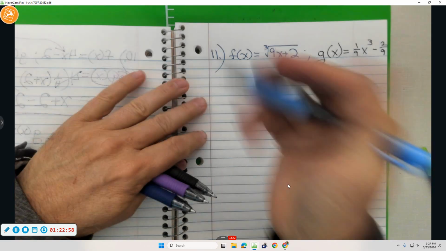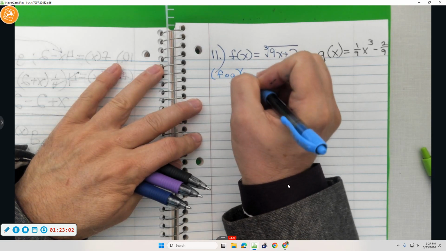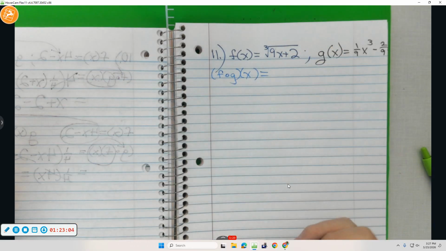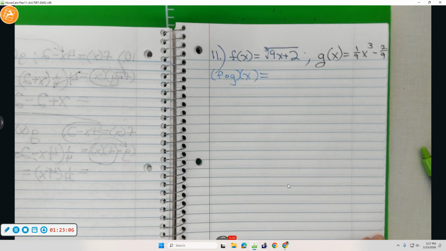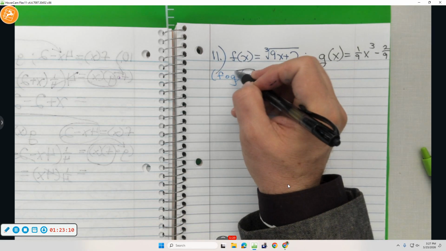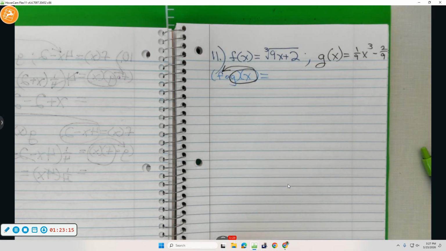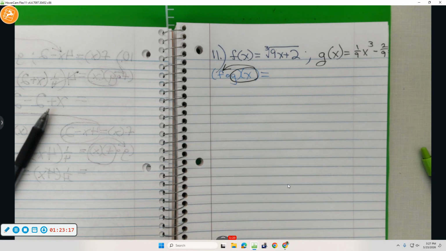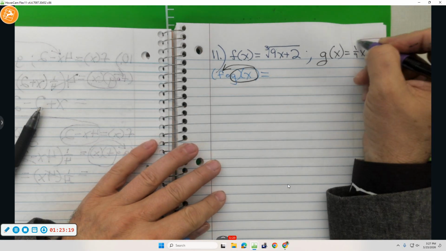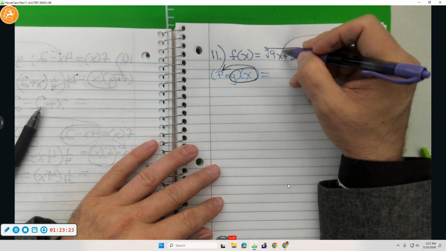First one, we'll find f composed with g at x. That says take g of x and plug it into f. So we're taking g of x and we're going to plug it into f.